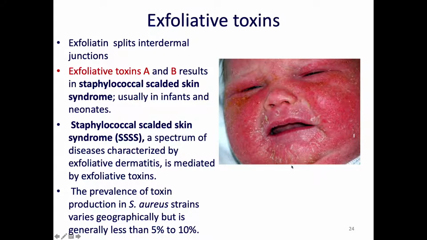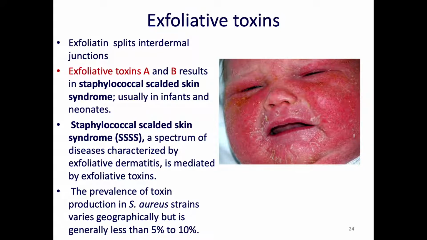Staphylococcal scalded skin syndrome is a spectrum of diseases characterized by exfoliative dermatitis, mediated by the exfoliative toxin. You can see here the face of this baby, and you see very intensive exfoliation on his face. The prevalence of toxin production of Staphylococcus aureus strains varies geographically, but generally it is less than 5 to 10%.